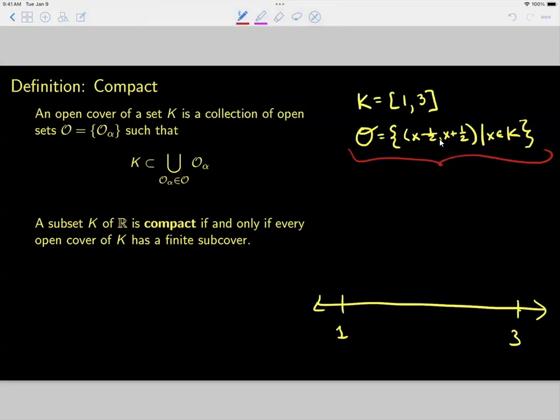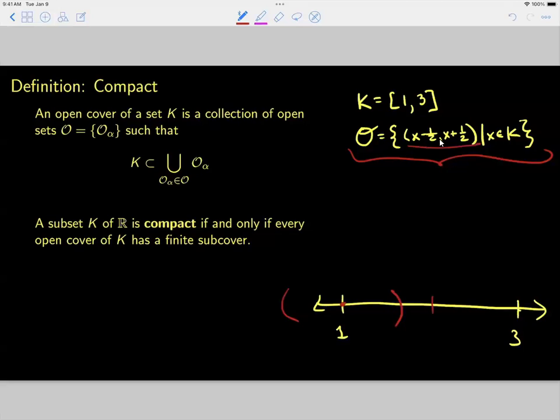Let me try to draw this a little more to scale too. So if I start at 1, and here's going to be 2 in the middle there, I'm going to take the open interval that's centered at 1 of this form.